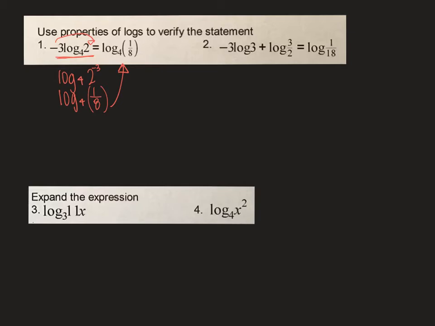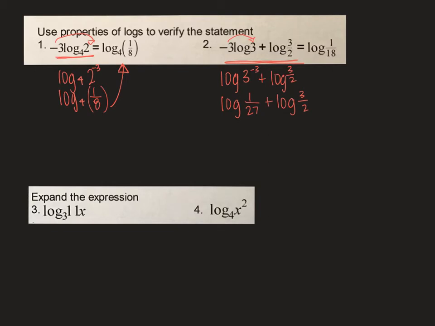Same thing with number 2. I'm going to start with the more complicated side, which would be the left side. So I'm going to bring this 3 back as the exponent. So I've got log of 3 to the negative third plus log of 3 halves. So 3 to the negative third is going to be 1 over 27.